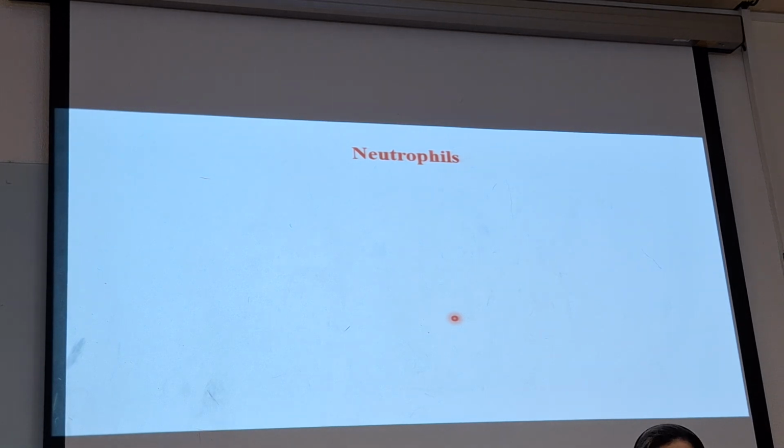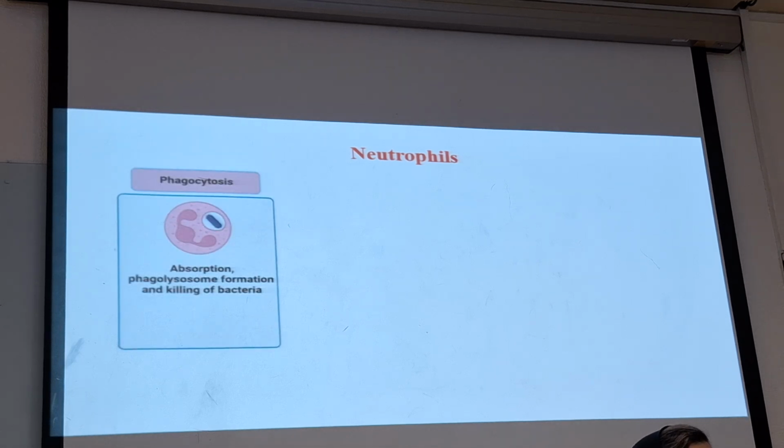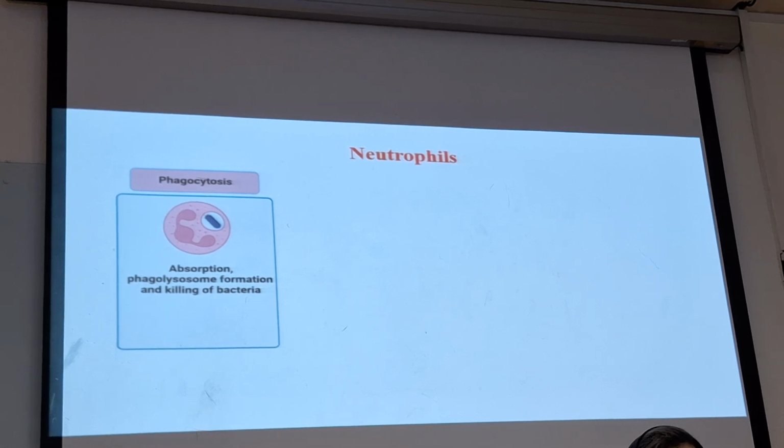And what about neutrophils as the first line of defense against pathogens? I told you the first line of defense is carried out by neutrophils through phagocytosis, and I explained phagocytosis.